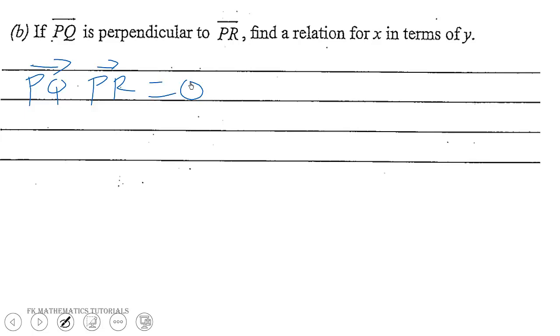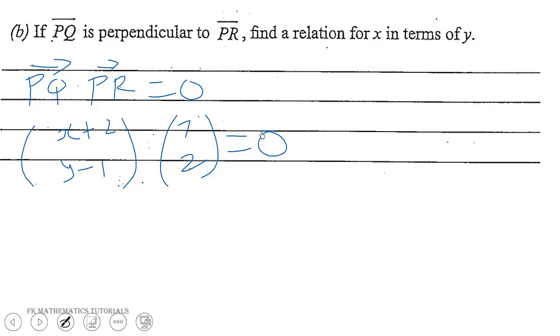So it means that X plus 2, Y minus 1, which is vector PQ that we got, dot PR, which is vector 7, 2, should be equal to 0.